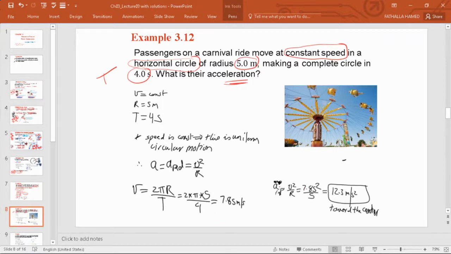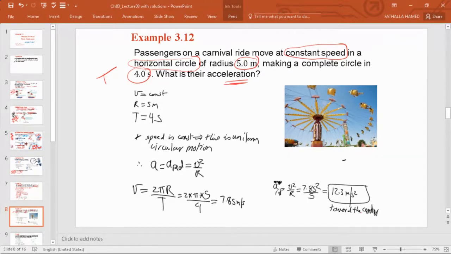And if you put in the speed, in v squared over r, you will get 12.2 meters per second squared. And that's basically your radial acceleration here. And it's pointing toward the center.